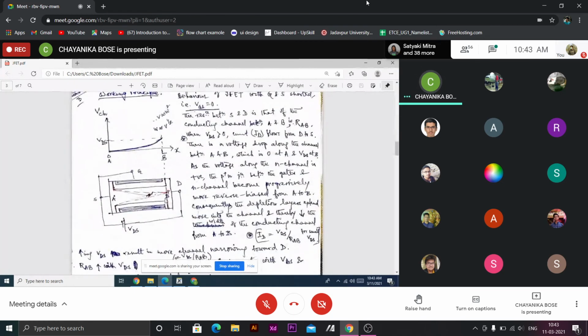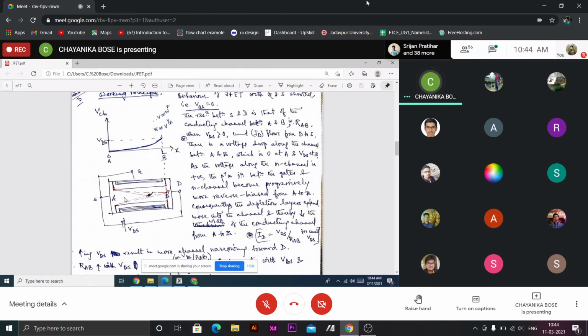The depletion regions from either side touch each other, and now P is at P dash. So what will be the current? We still get current flowing across the device. Because this pinch-off voltage is always Vp, it remains the same. So for VGS equal to 0, mind it.